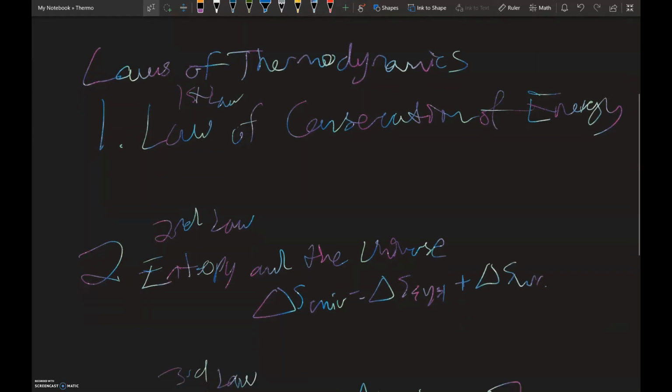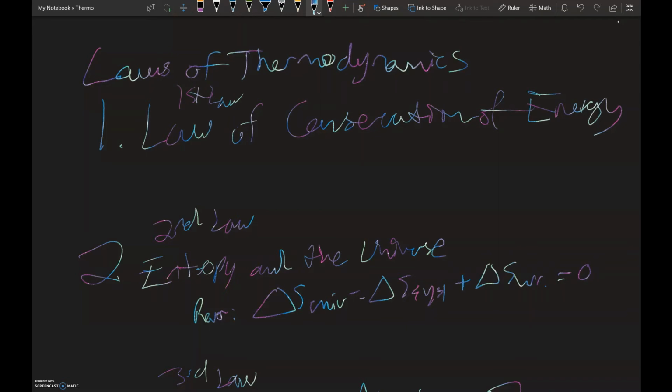Now, this equation can be used in two different ways. We talked about reversible and irreversible systems. If you have a reversible system, this term is going to be equal to 0, because for a reversible process, the entropy is not going to change.